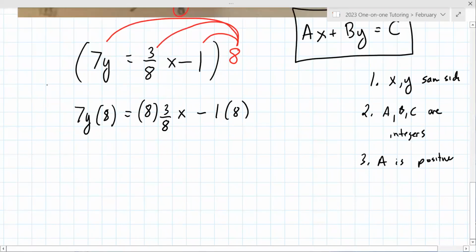All right, so now on the left here, you're going to multiply the 7 and the 8. That's 56y. In the middle here, you're going to multiply 8 times 3 and then divide by 8.